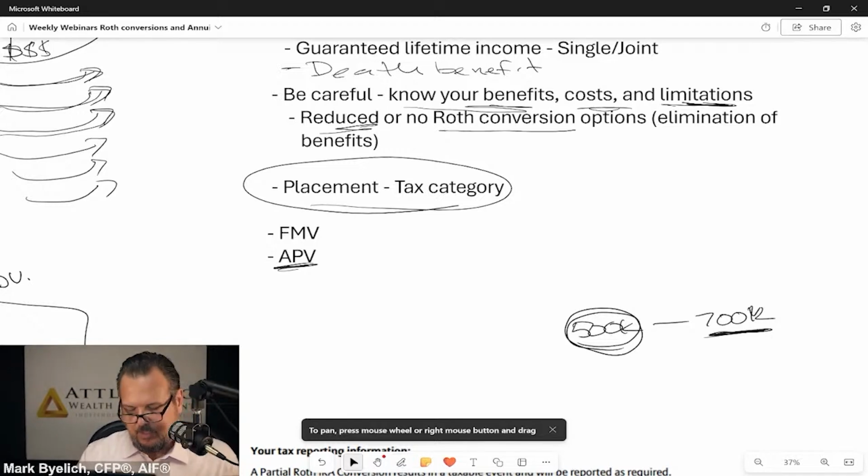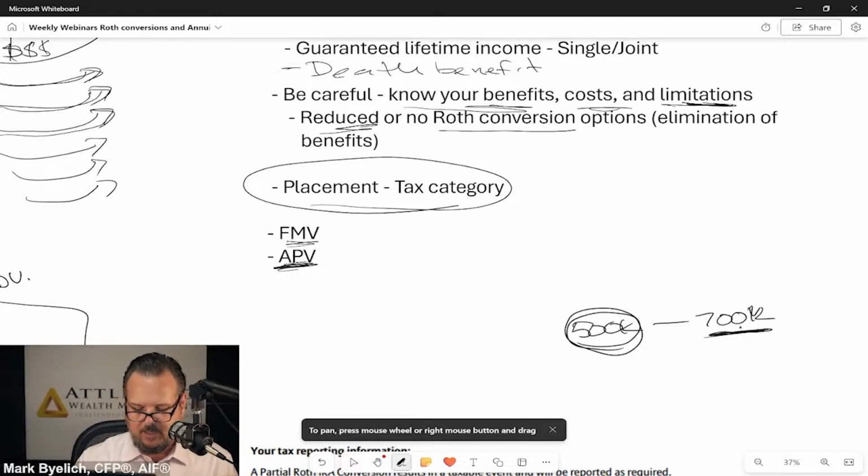I'm going to share a little bit of where it comes from and the tax regulations, and I'm going to show basically how it's calculated loosely and theoretically. But there's a couple things to pay attention to, and you should be aware. So you have what's called a fair market value and actuarial present value. If you think about it, the IRS is keen on this.